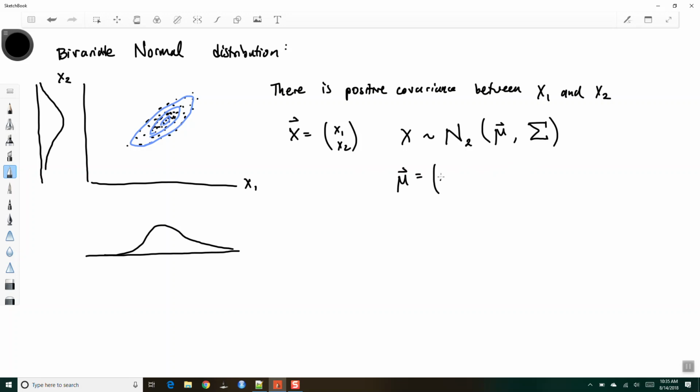Mu is equal to the vector mu1, mu2. And sigma is equal to sigma 1 squared, covariance sigma 1, 2, sigma 1, 2, and sigma 2 squared, right?